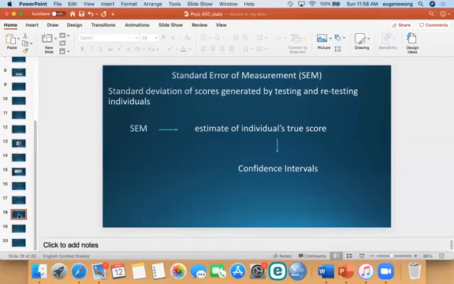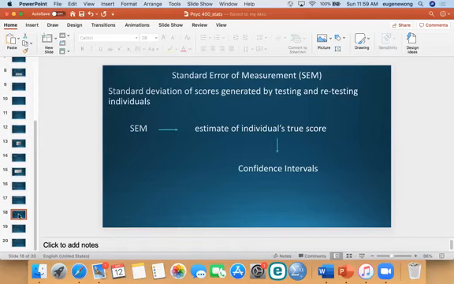There's always going to be some difference in the scores between the first administration, the second administration, the third administration. Doesn't matter how many administrations we do. How much the scores spread out per person, averaged across all the people that were tested and retested, is the standard error of measurement.